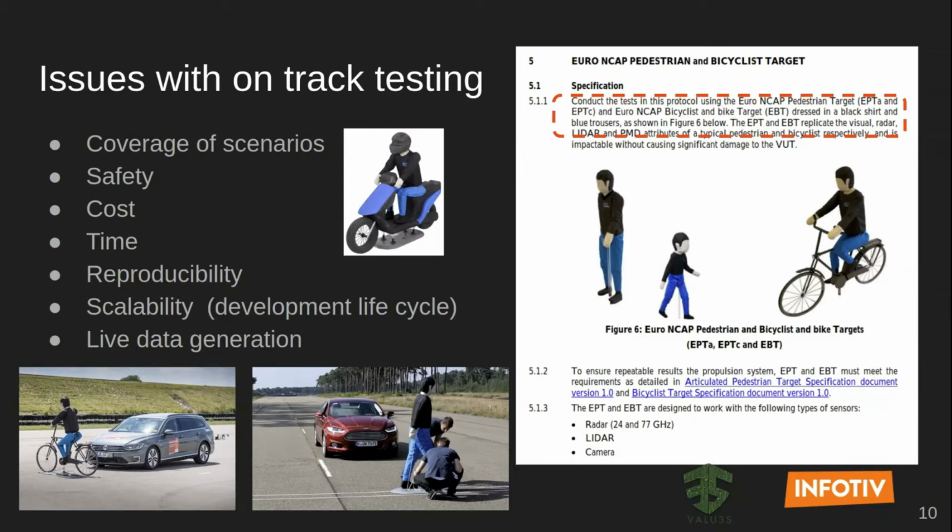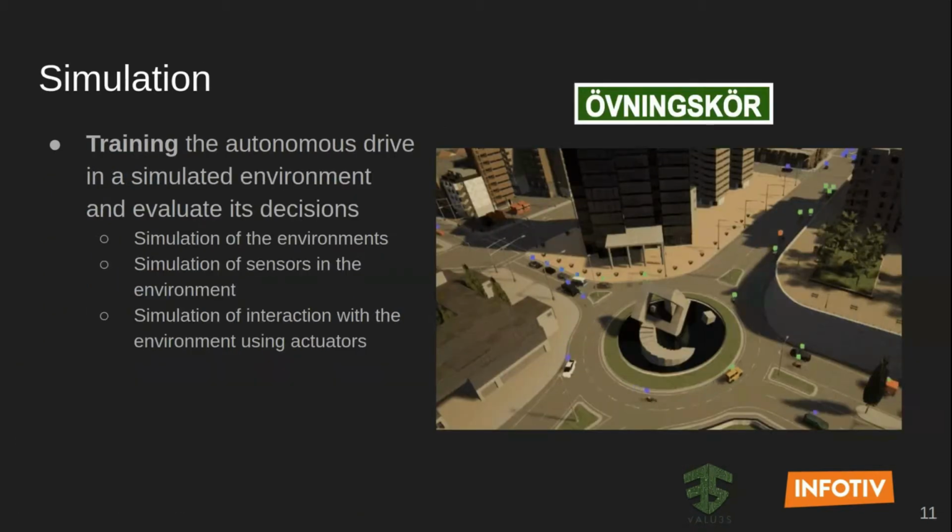There are other problems. As you say, this is a scalability problem, and sometimes it's very hard to reproduce some of the tests. So simulation seems to be an ideal solution, both for training and for testing. You can train your model by leaving it alone in a simulator and letting it learn by interacting with other actors.